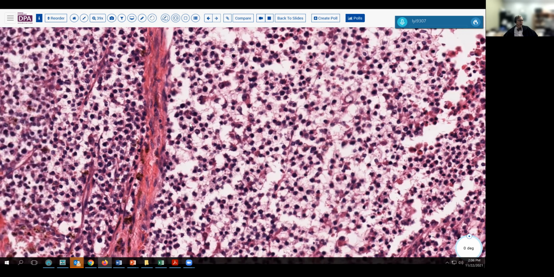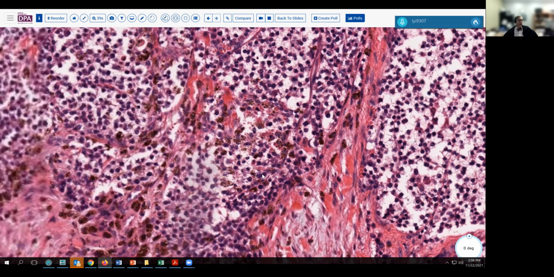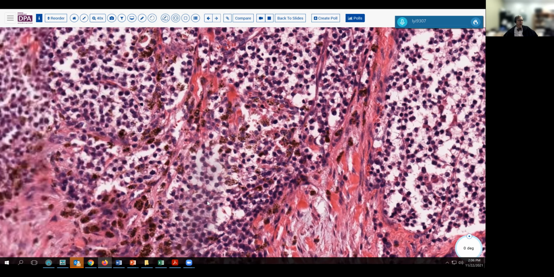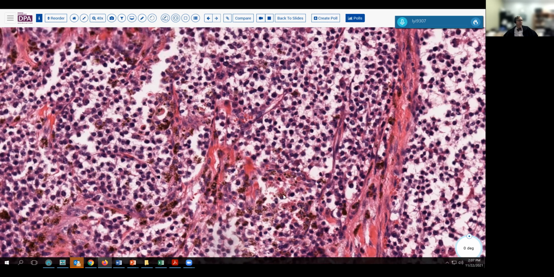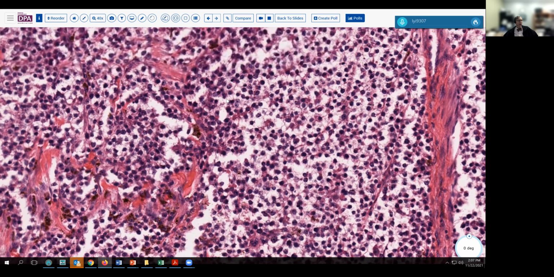However, there's another little clue here as we look around, and I think you can begin to see it here. We have some pigment here, pigmented cells. And so is this just from hemorrhage, or could this be melanin? And in fact, in this particular situation, this is an example of a clear cell sarcoma, which, as you all know, has some melanocytic features, and therefore can be confused or overlapped with various other melanocytic tumors.